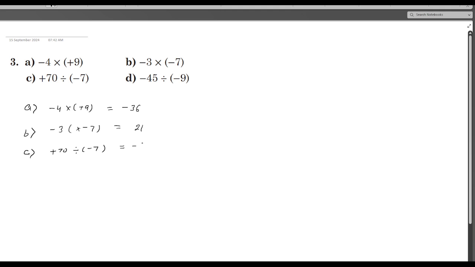So 70 divided by 7 is 10. So here your result is minus 10. And D, minus 45 divided by minus 9. Both the numbers are negative. So your result is positive 5.